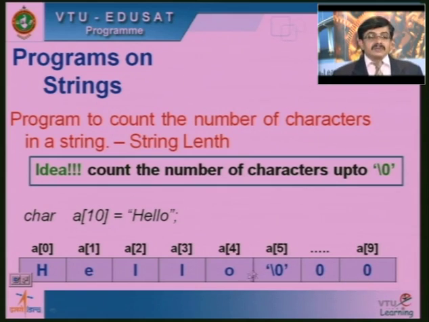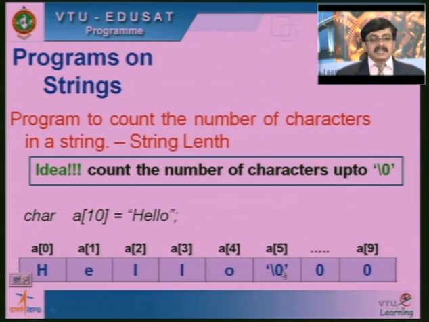Now when you start reading the length of the string, when i is equal to 0 we see the letter H, when i is 1 we see the letter E, when i is 2 we see the letter L, when i is 3 we see again the letter L, when i is 4 we see the letter O, and when i is 5 we see the letter \0, which is a null character.